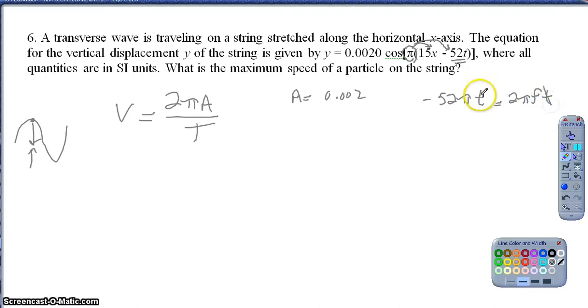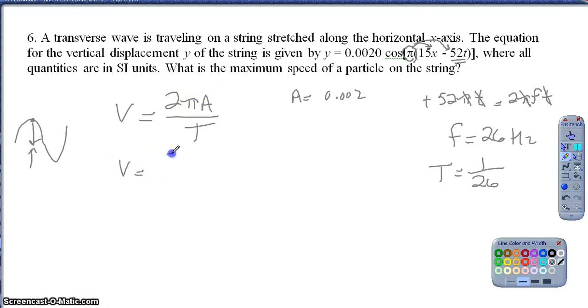So once again, like we've seen before, the time would cancel out, the pi's cancel out, so the frequency is actually negative 26, and I'm not worried about the negative, so 26 cycles per second, which means the period would be the inverse of that, so 1 over 26. So I've got my period, I've got my amplitude.